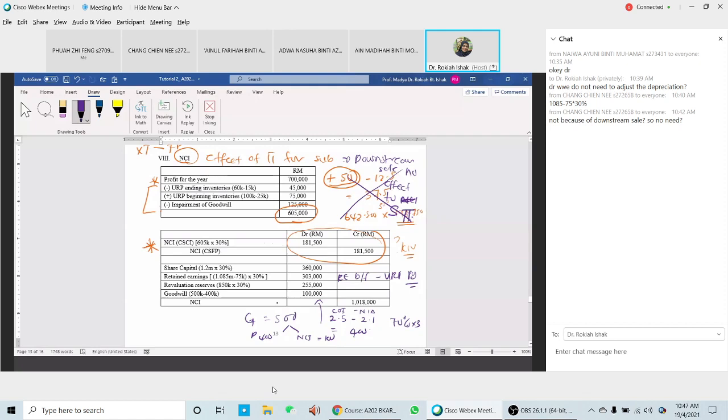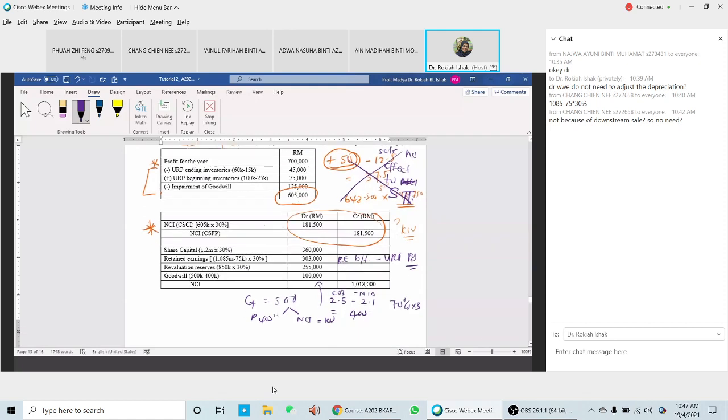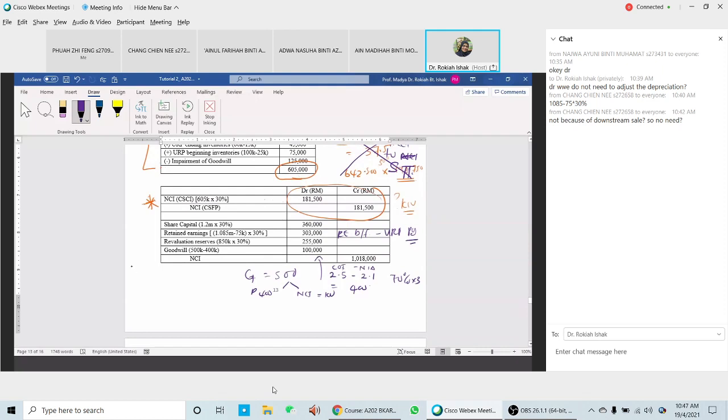And then we are missing one journal entry, to record the parent's elimination of COI. For the parent here, share capital, we haven't prepared that one yet. For the parent, we're going to have 840. And then RE for the parent here is 665.